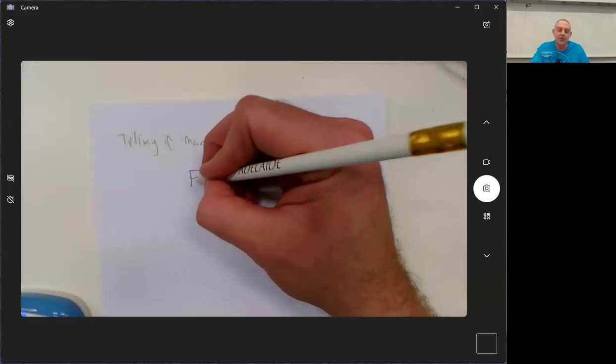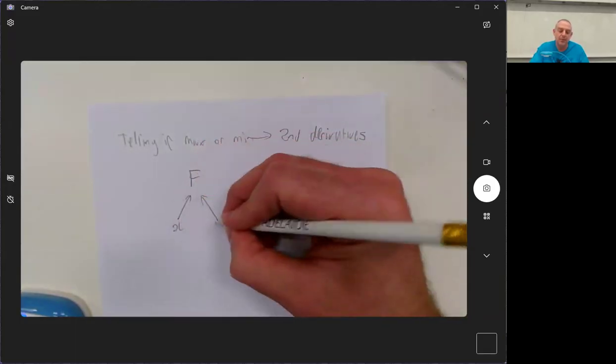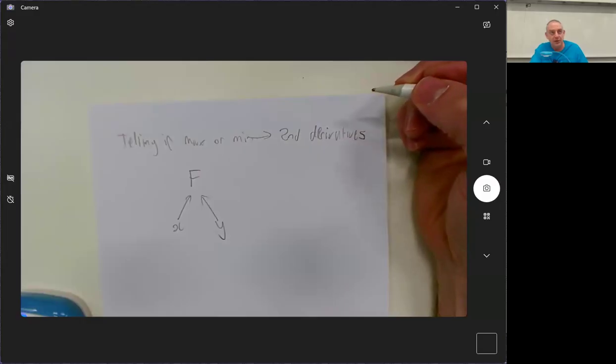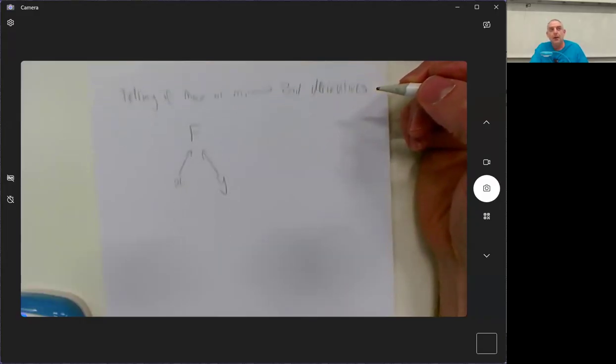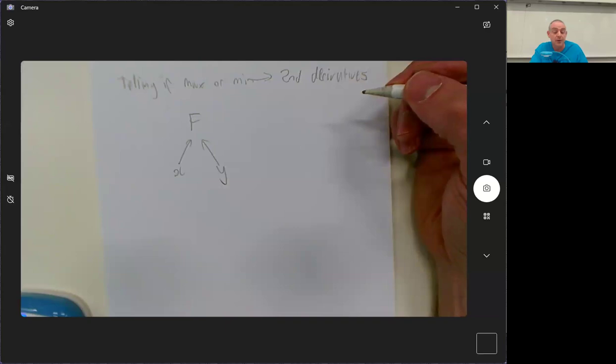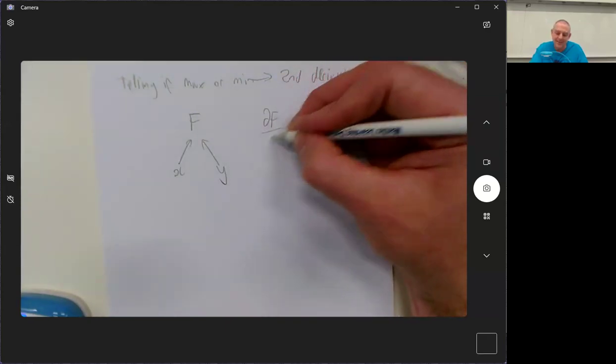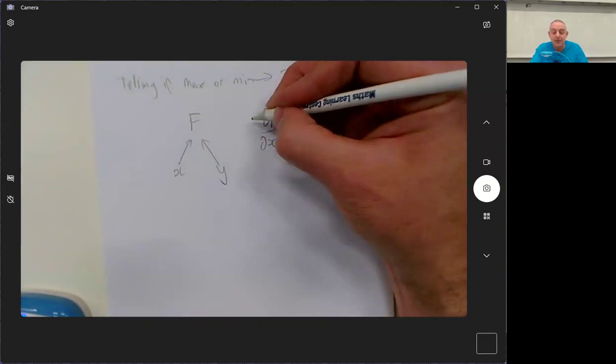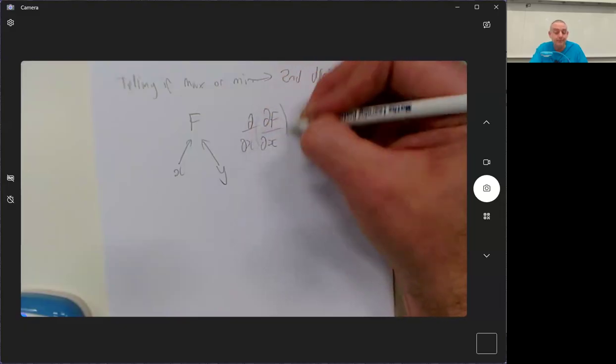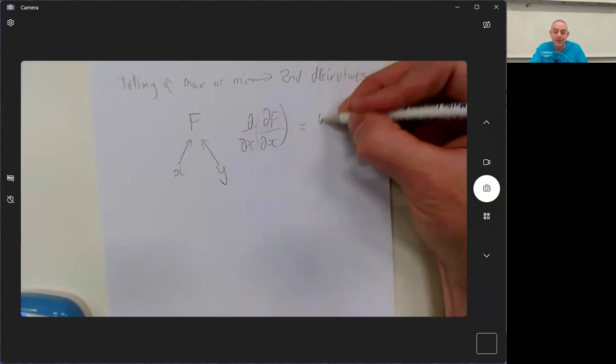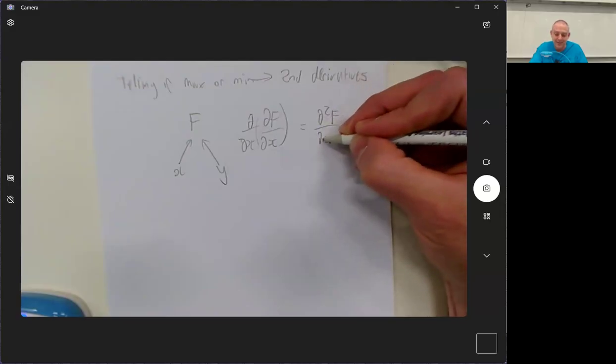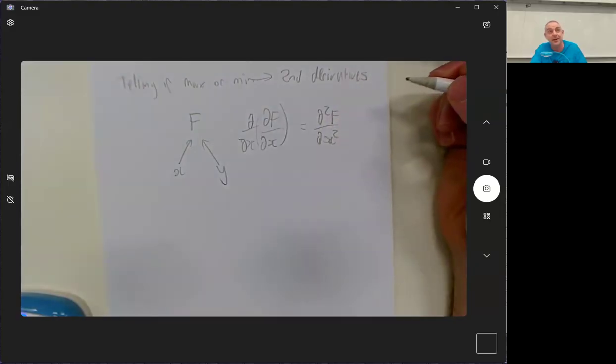Imagine this is your function, and it's got an x and a y, and they are both telling you how f changes. If you differentiate again with respect to x and y, then you will have the second derivative. So you can have df on dx, and then do d on dx again, and that would be d squared f on dx squared. That's the second derivative with respect to x.